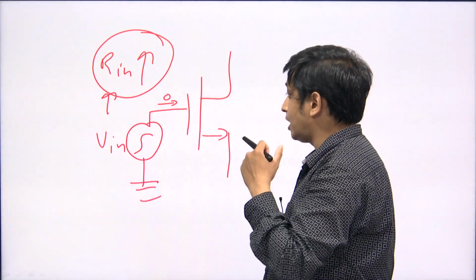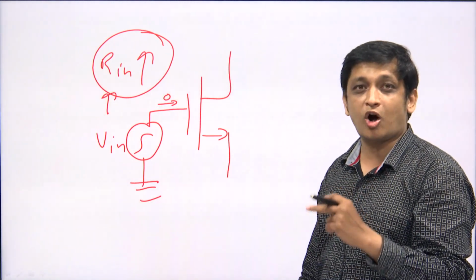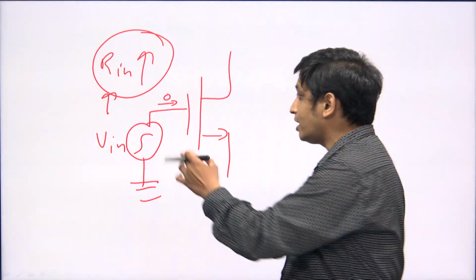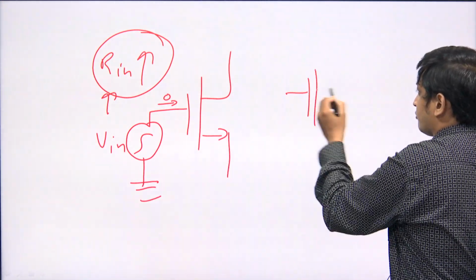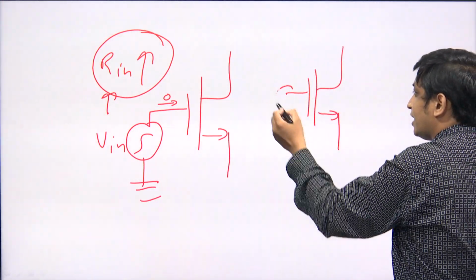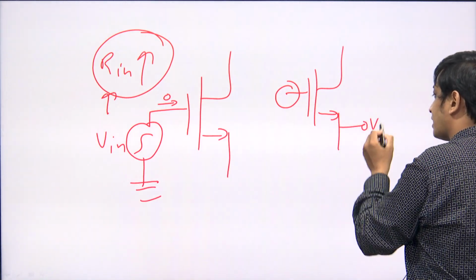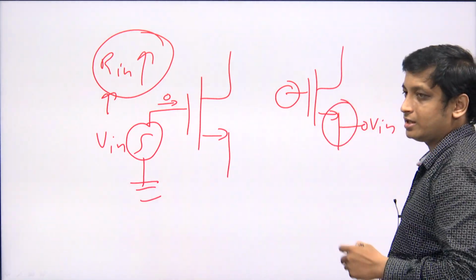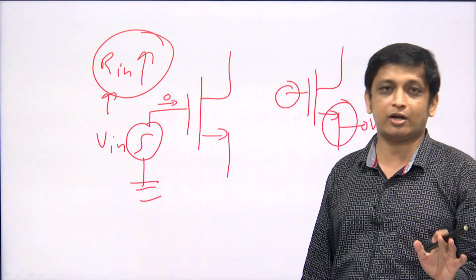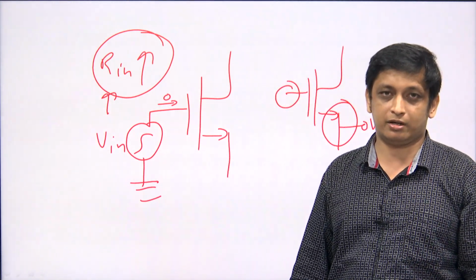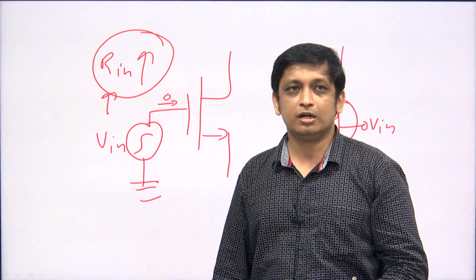That is why the input resistance of common source and common drain is high, because we are applying the input at the gate. But in common gate, the gate is common and we are applying the input at the source. That is why the input resistance of common gate is less, and it cannot be used as a voltage amplifier, it is not preferred.